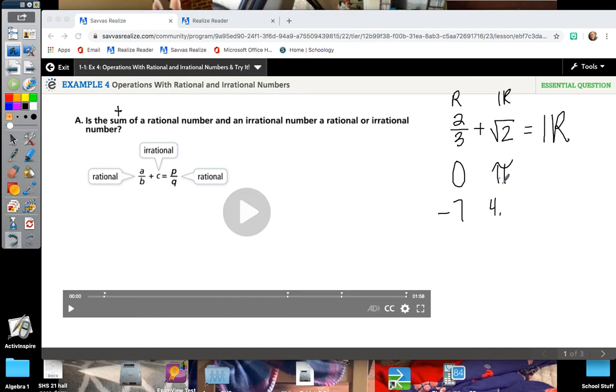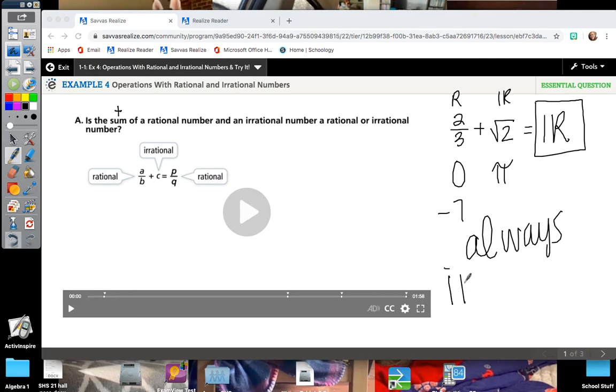I would stick with pi and square root of 2. But no matter what you add together for rational and irrational, it's always going to come out to irrational. Always irrational. No matter what.